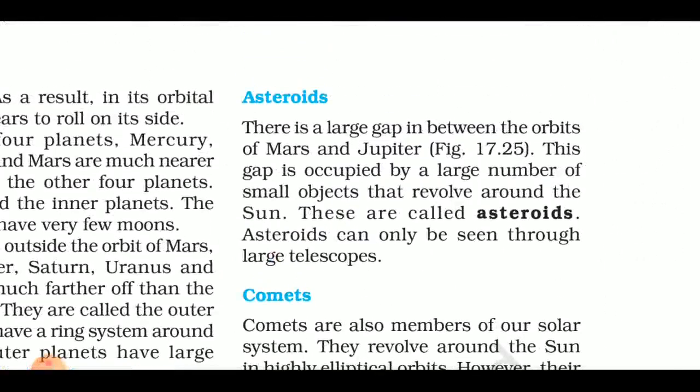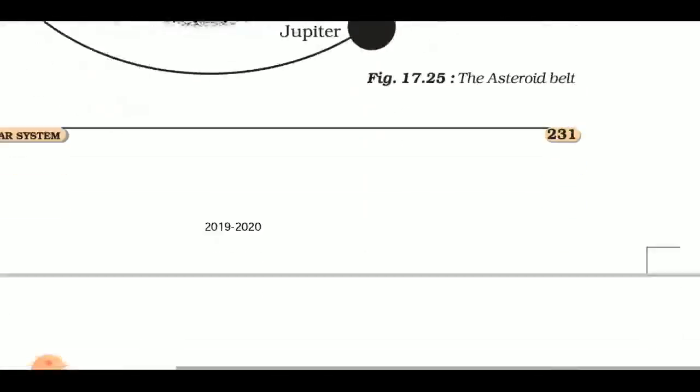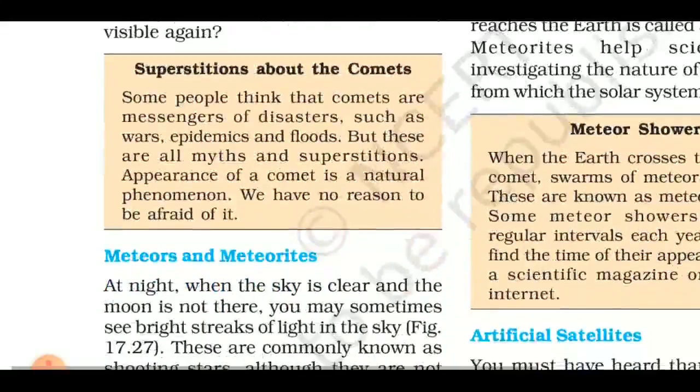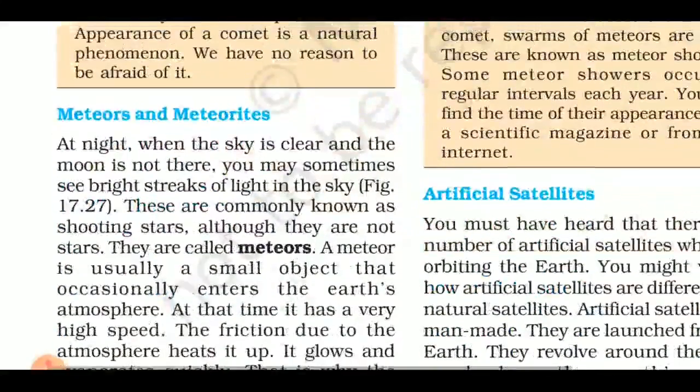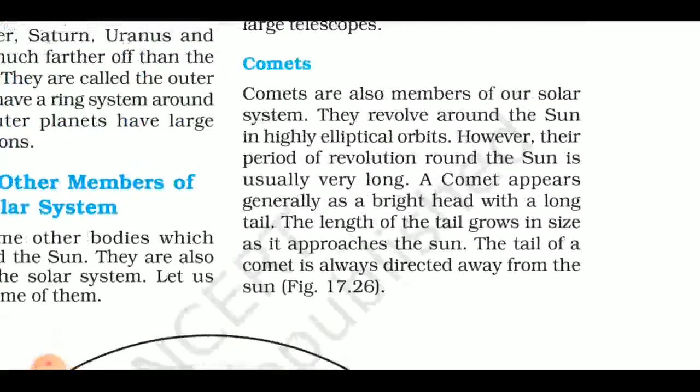These members are asteroids, comets, constellations, etc. And meteors, meteorites, artificial satellites. Okay, so let's study about it one by one.